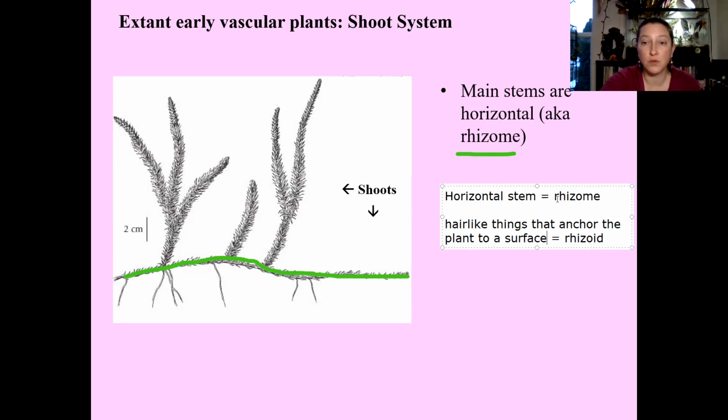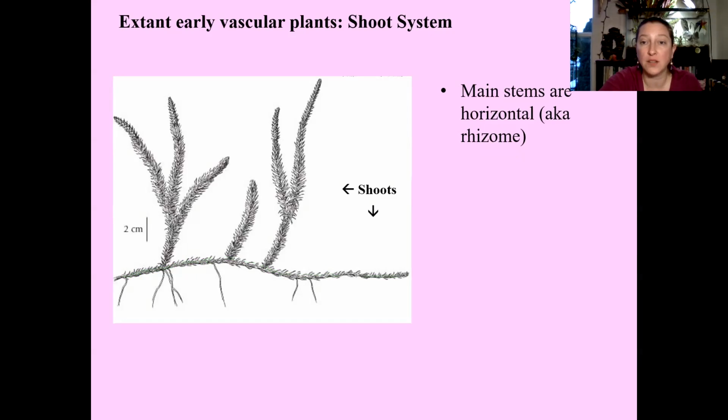So don't confuse rhizome with rhizoid. There's a lot of words in biology, but particularly in the plant world, that have similar structure, like, for example, bryophytes versus bryophyta. Look similar, but they're different words. Likewise, rhizome and rhizoid are two different things.